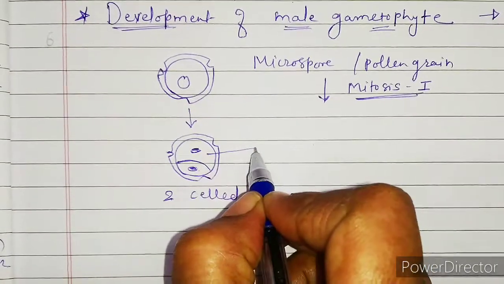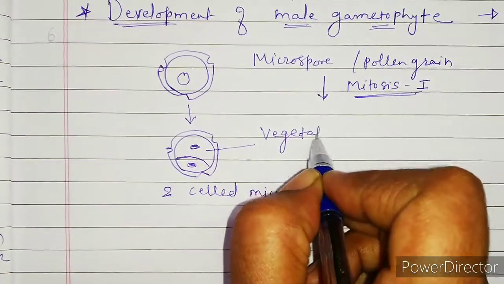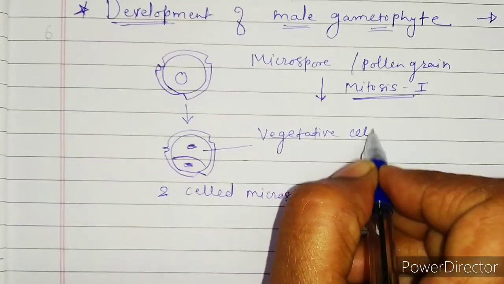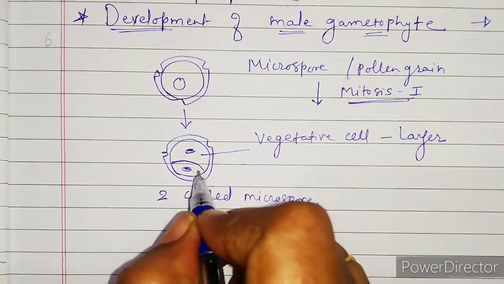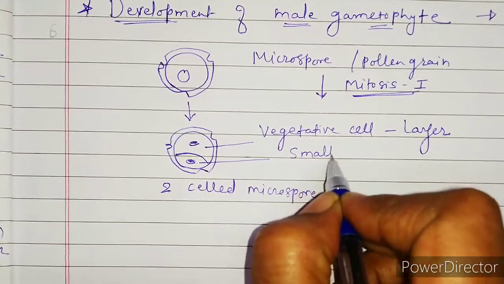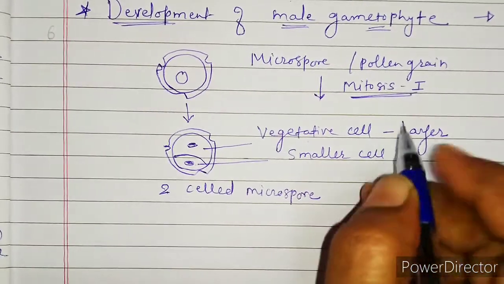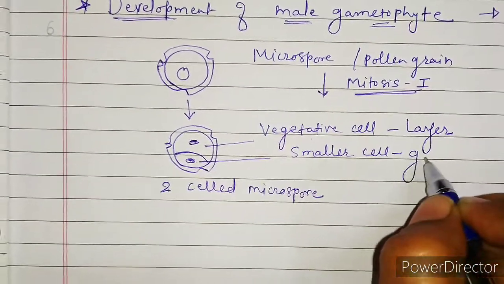The two cells are unequal. The larger cell is called the vegetative cell, and the smaller cell is called the generative cell.